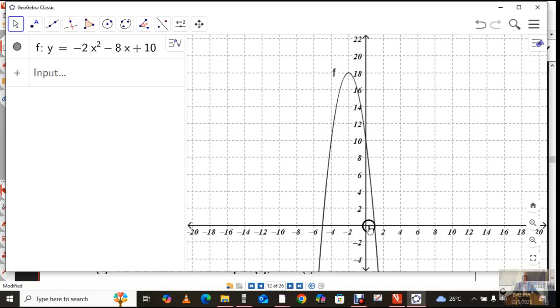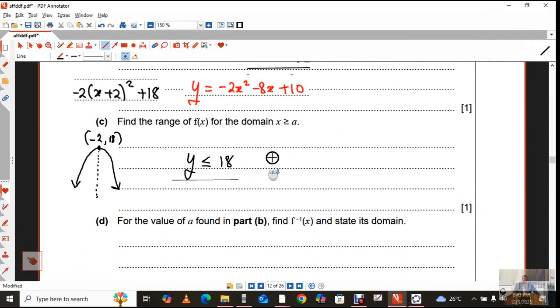So the function will be sort of translating to the left. Turning point is -2 for x, and that is the highest point. So the range is from here down to negative infinity. It goes down, right? So that is the range of the function. So y, or f of x, is less than or equal to 18. That's what we are referring to there.